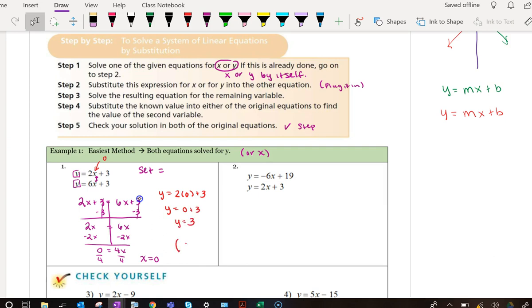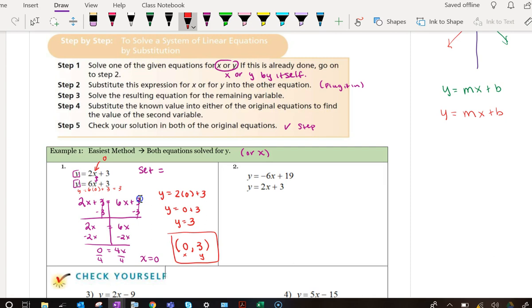So your solution should be (0, 3), because this is x and this is y. And you can check, if you do 6 times 0 plus 3, you get 3, which is what the y value is. So we do end up with the same y value for the same x value. So the solution is (0, 3) to that system.